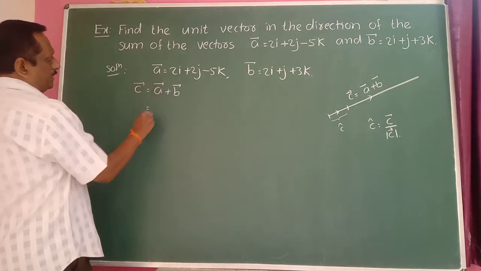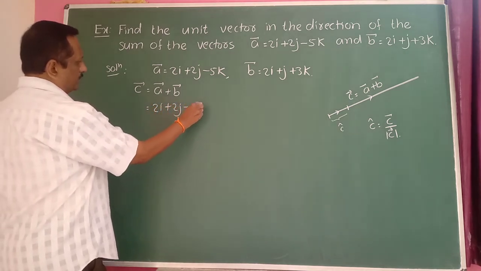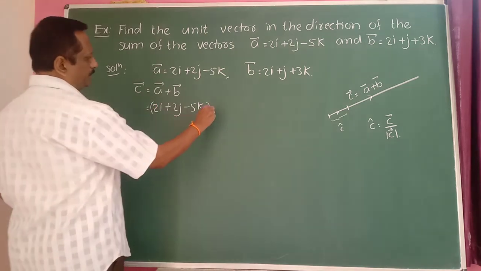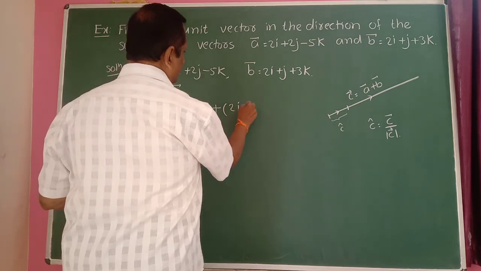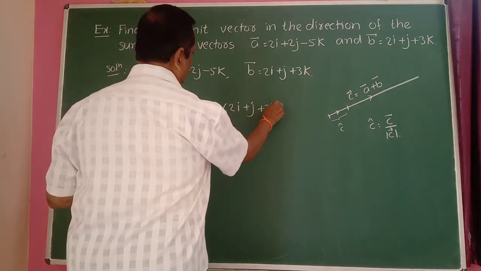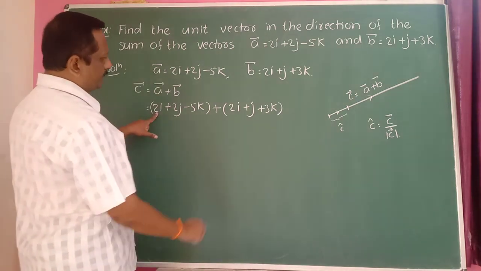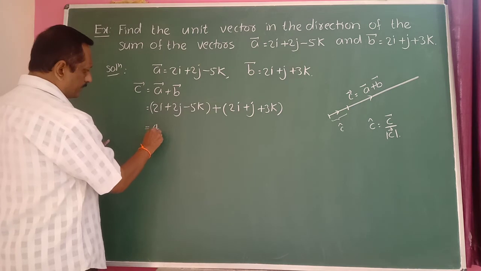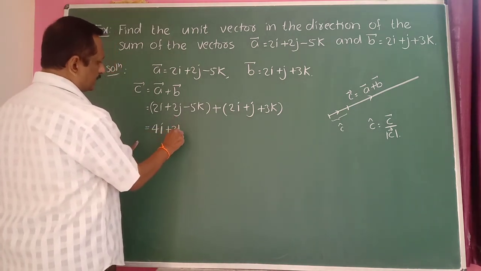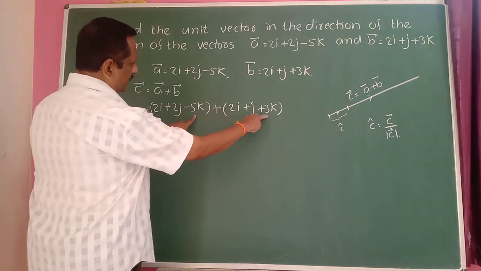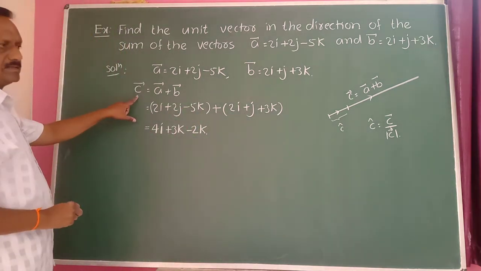It is 2i plus 2j minus 5k, plus 2i plus j plus 3k. Yes, so this is equal to 2i plus 2i gives 4i, 2j plus j gives 3j, minus 5k plus 3k is minus 2k. This is the vector C bar.